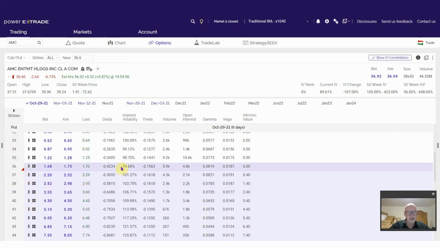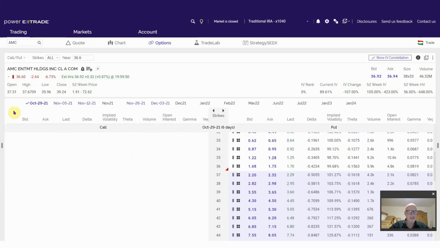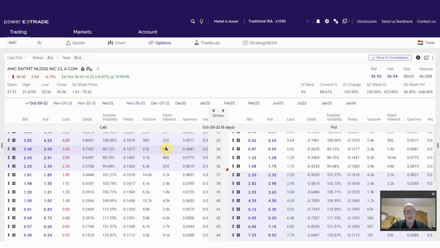Okay, and this shaded area, let's leave it on just puts, let's put it on both. Sorry. The shaded area means at the money. Right here, now you're out of the money and you're in the money. So it's split. So here is the price right in between 36 and 37, 36.60.